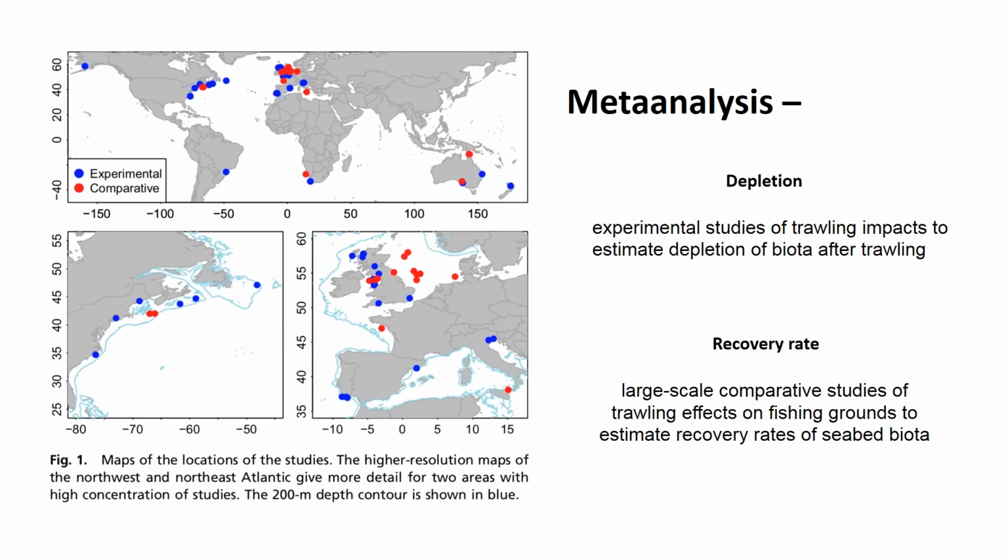The comparative studies are able to provide a more representative estimate of recovery because they account for spatial extent, fishing frequency, and temporal variability in fishing activity. So they use the data from the experimental studies to estimate the depletion, and they use the comparative studies to estimate the recovery rate.